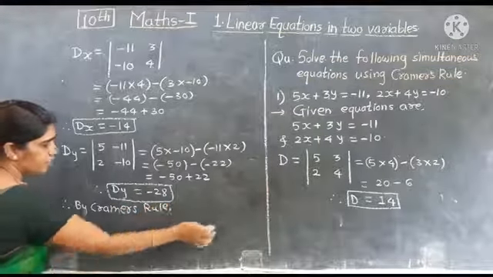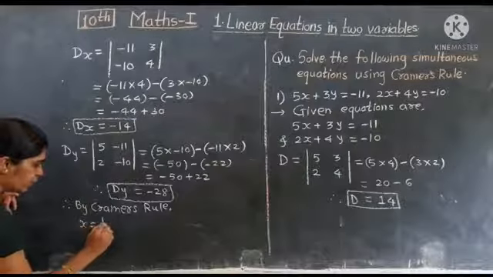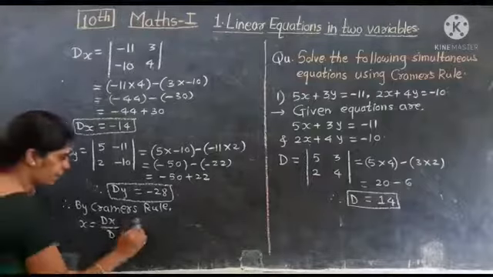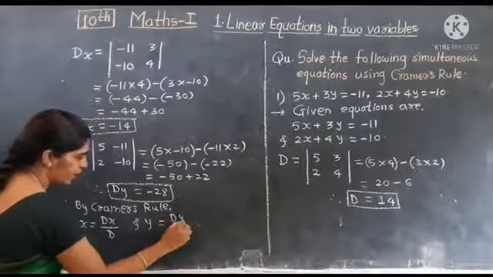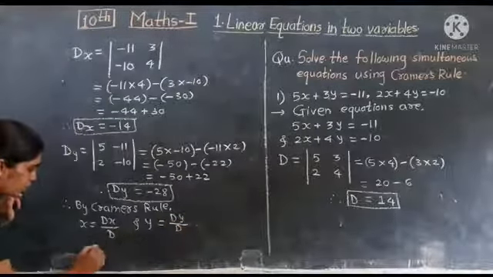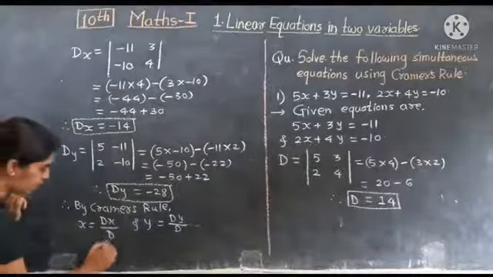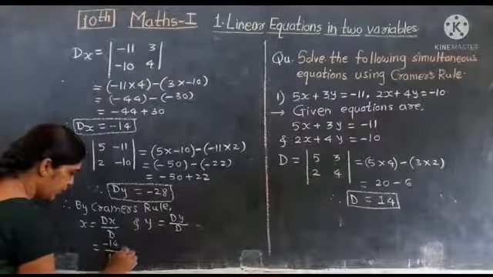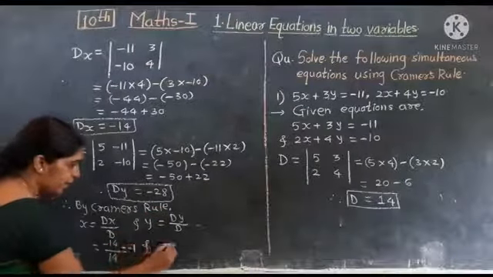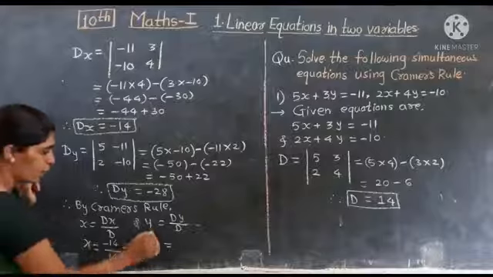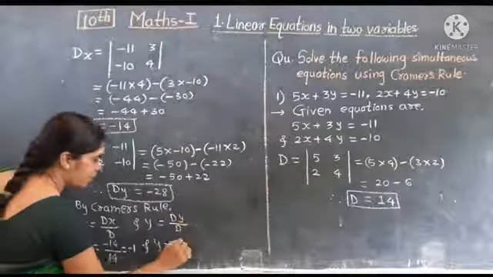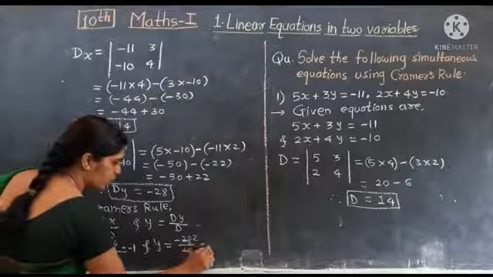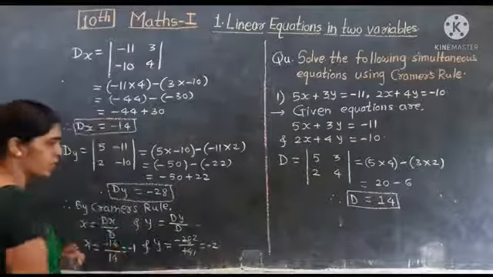how do we write by Cramer's rule? x is equal to dx upon d and y is equal to dy upon d. So put the values. What is the value of dx? Minus 40 upon 40 is equal to minus 1, and here what we get? y is equal to dy, minus 28 upon 14. 14 2s are 28, minus 2.